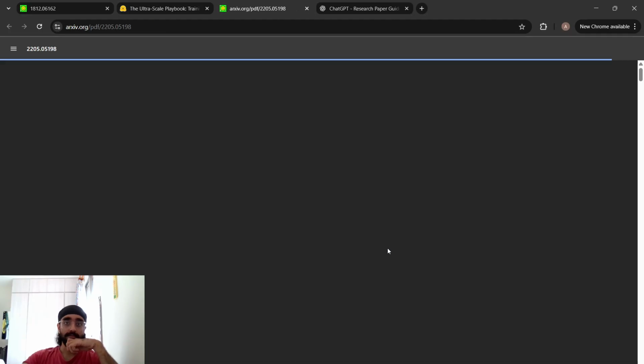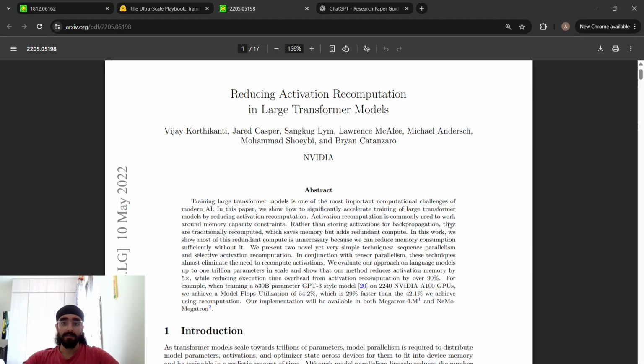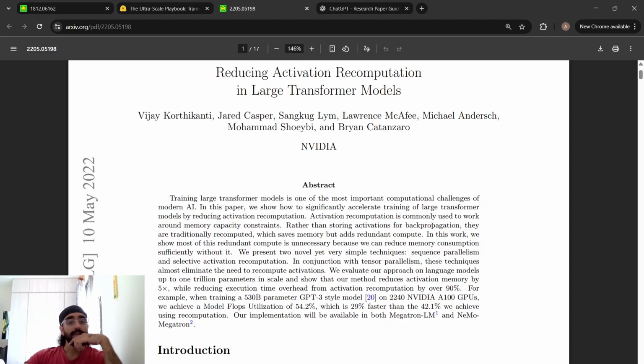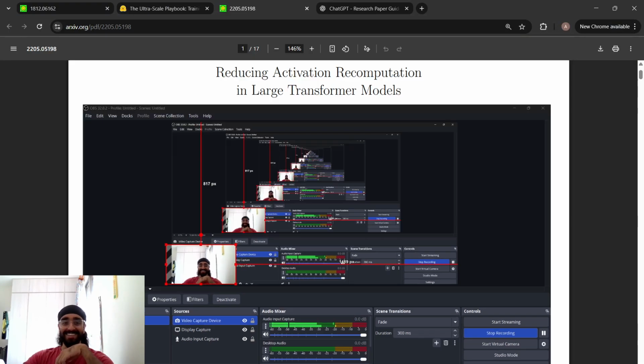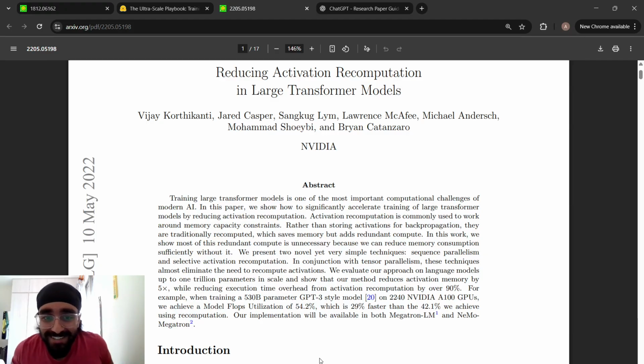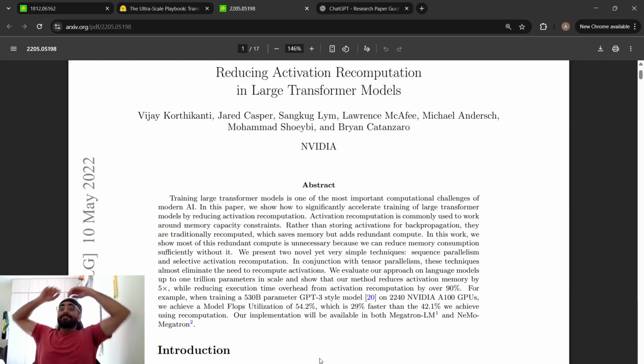Let's see what this paper says. Training large transformers is one of the important tasks. Activation recomputation is commonly used, and it can significantly accelerate training of large transformers.